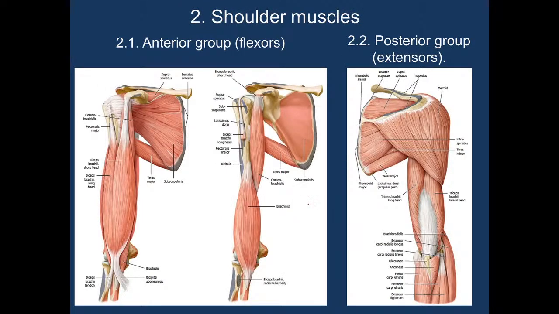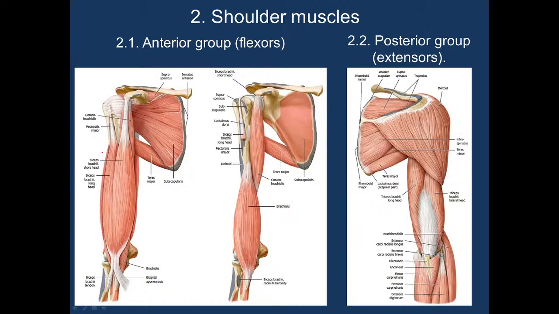Shoulder muscles, very famous. I think the most famous muscle is Biceps Brachii. It has two heads. Here is the long head, and here this is the short head.